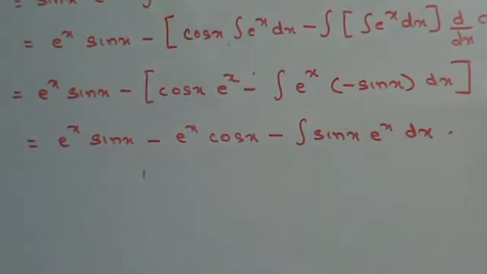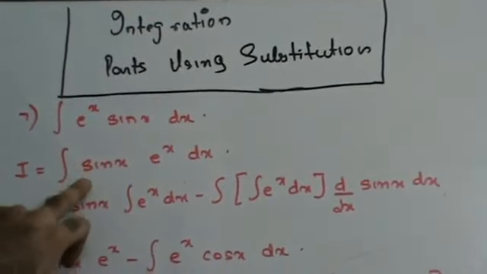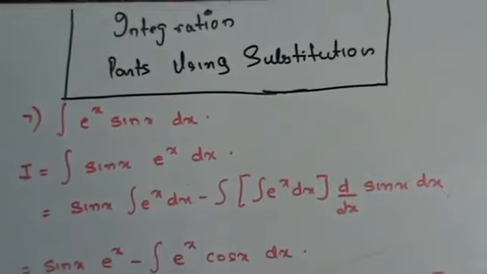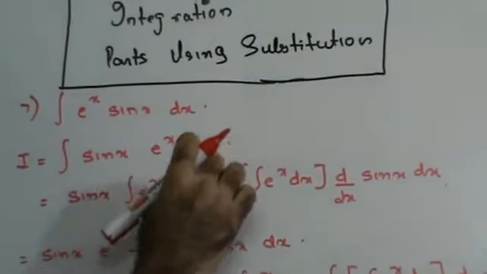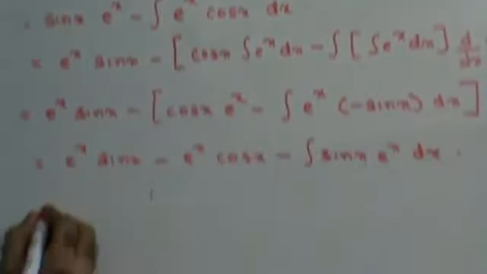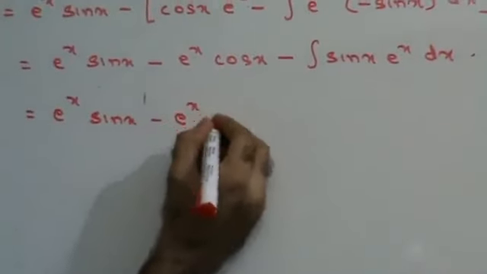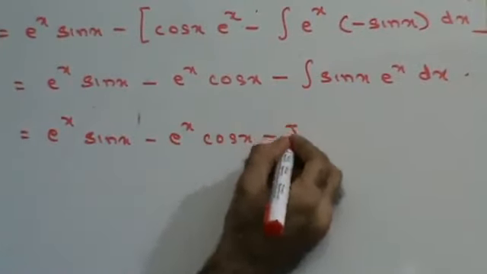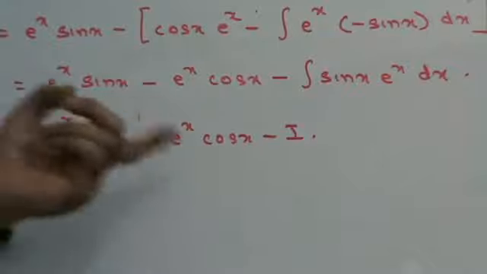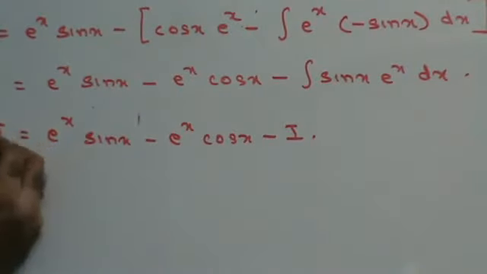But guys, let's look at the question. Sin x e raised to x dx is nothing but I, so I can substitute sin x e raised to x dx as I. So this will be e raised to x sin x minus e raised to x cos x minus I. You already had an I on the left hand side.